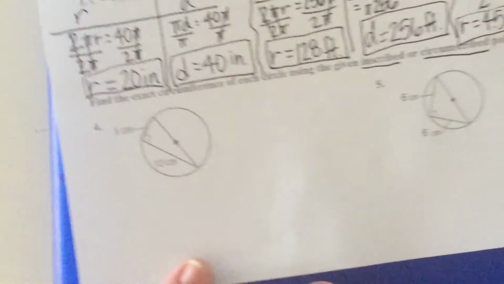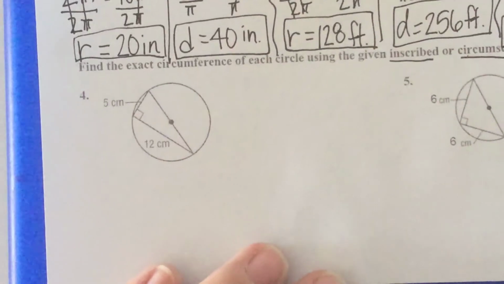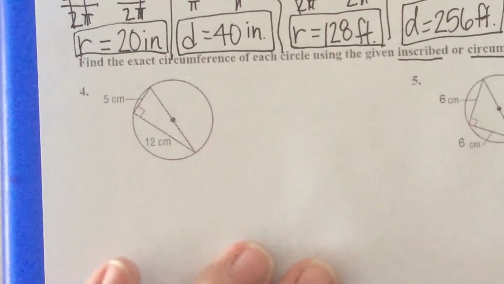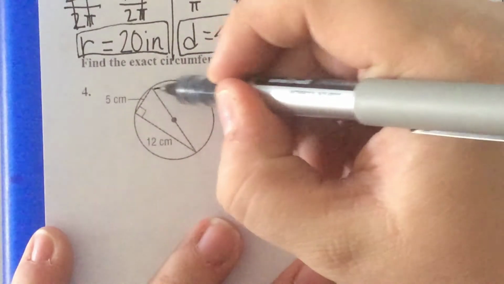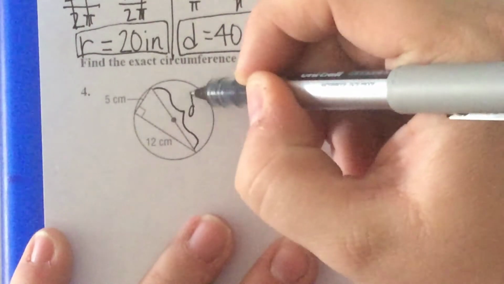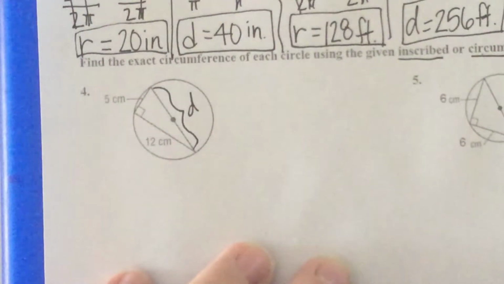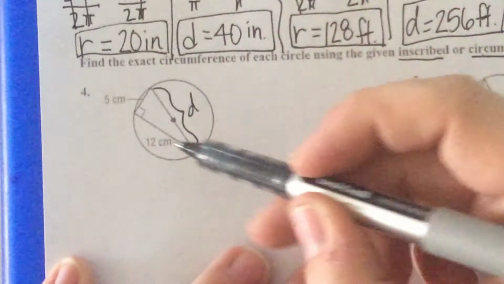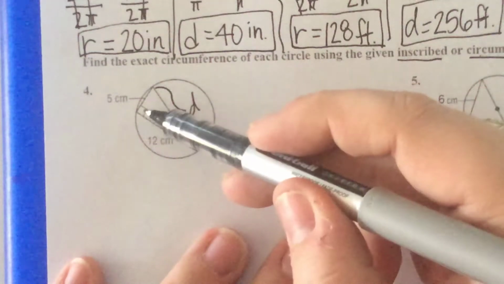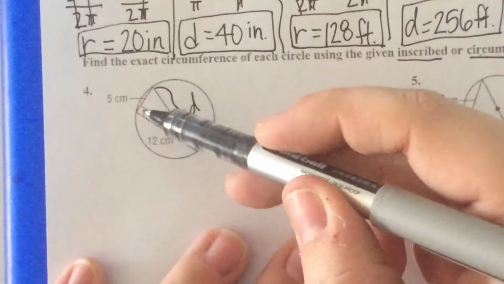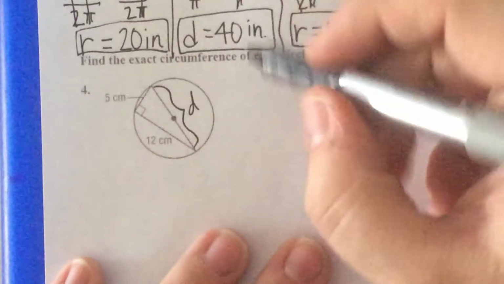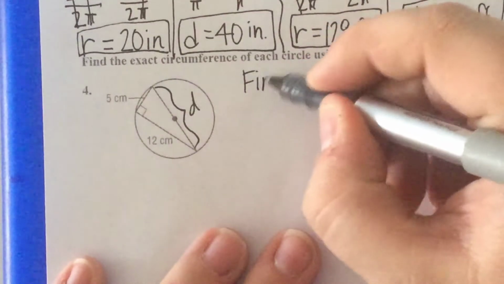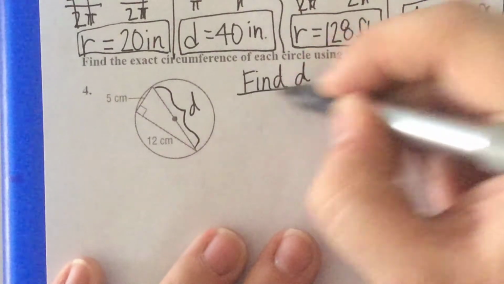Okay, so if we look at number 4, we don't have the diameter or the radius that we need because the diameter is right here. But we do know that this side is 5 and this side is 12, and we know that this is a right triangle. So we can use Pythagorean theorem to find d.